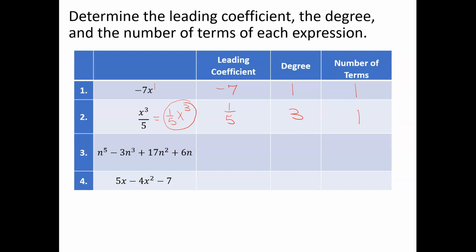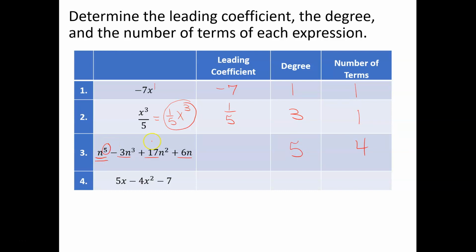Okay, look at example 3. This expression has 4 terms in it. You've got 1, 2, 3, 4. Remember, the plus or minus separate terms. So let's find the term with the highest exponent on it. It happens to be in descending order, so the highest exponent is first, and that number is our degree for the whole expression. So we would say the whole thing is degree 5.